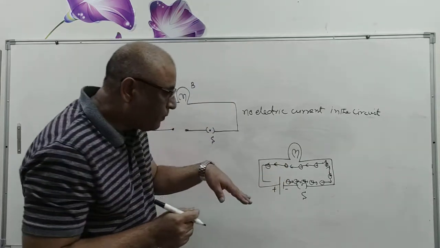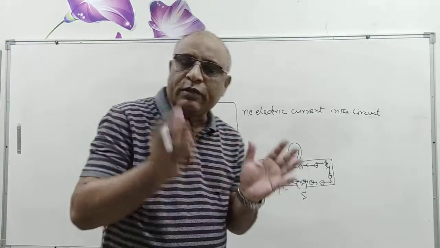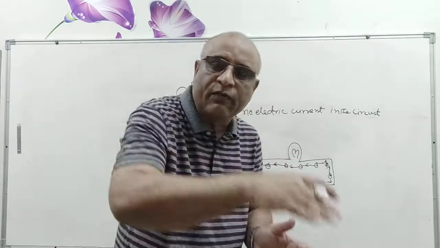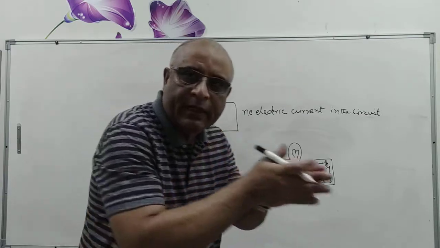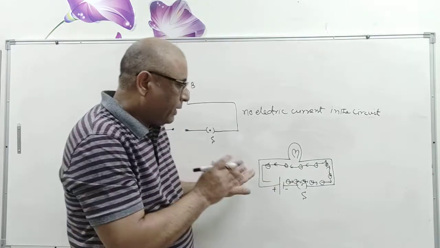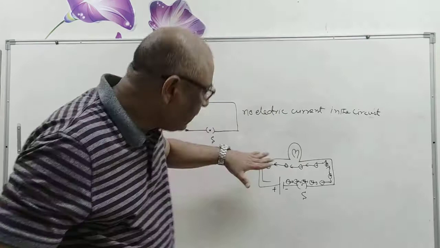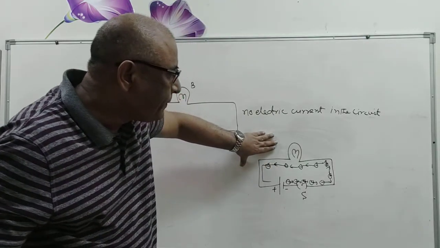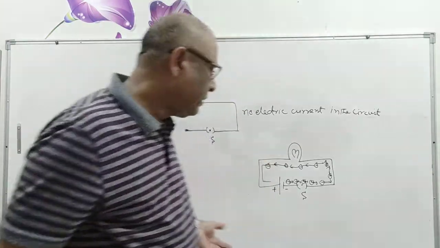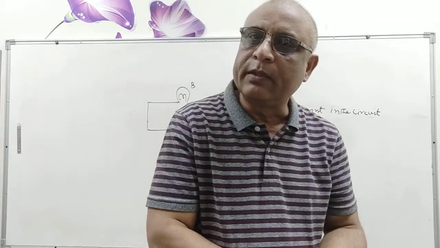Because this is the negative terminal and electrons are negative in nature, the electrons present in the connecting wire are forced by this negative terminal, and so electrons move. So an electric current is set up in the connecting wire due to the flow of electrons, and that flow of electrons is possible due to the potential difference.